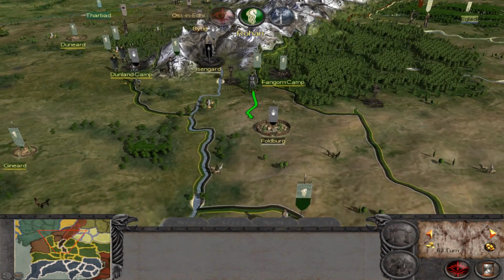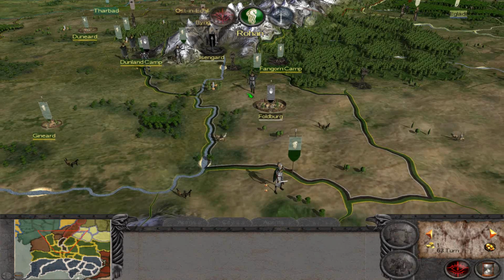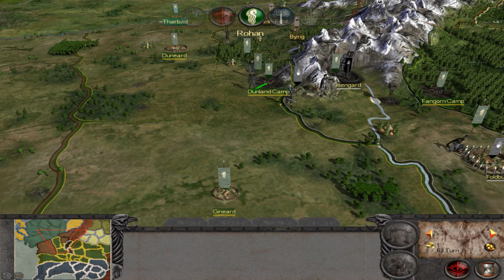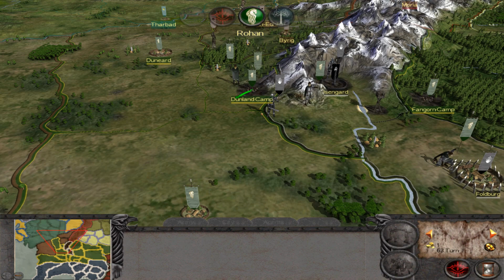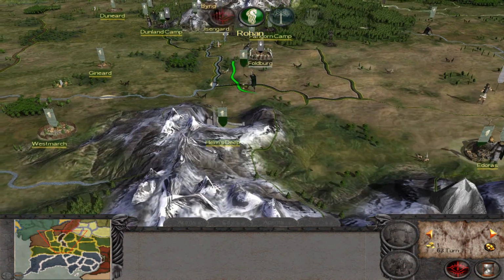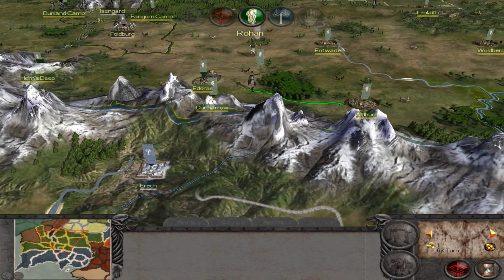Now we can see everyone's turn because we have the map visible. If I were to disable the toggle fog of war, it would not help, because it's not the toggle that is making the map visible. It's the ring. So we will speed forward. We don't want it to take forever as they march.